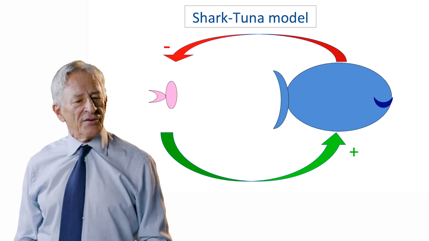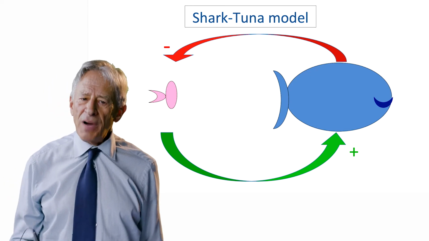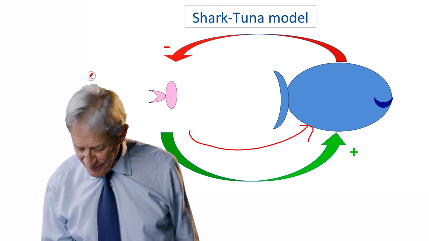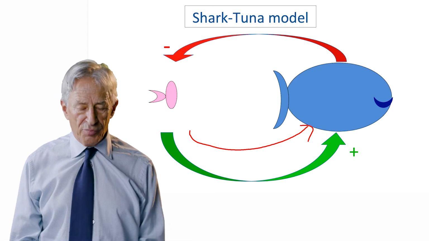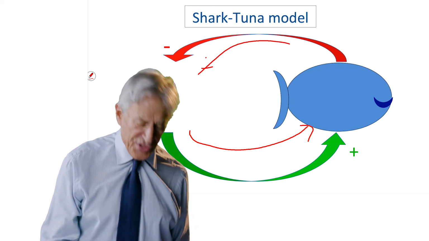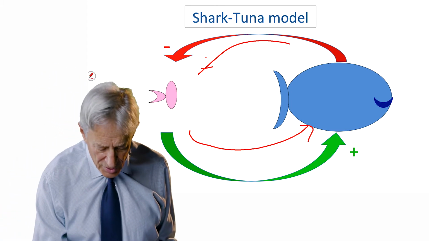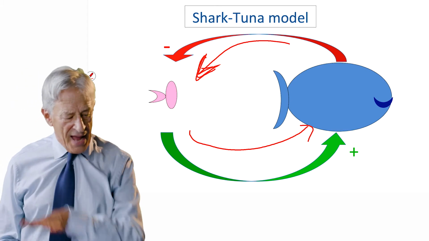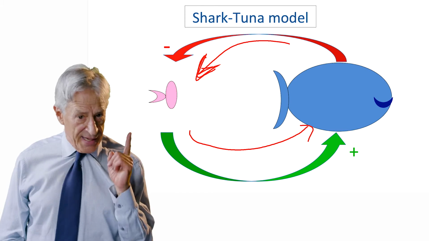Notice that the shark tuna model is itself a negative feedback model. The tuna give rise positively to the shark population by feeding them through predation, but the shark population then reduces the tuna population by eating them. So shark tuna is also a negative feedback relationship. And so that's an interesting candidate.